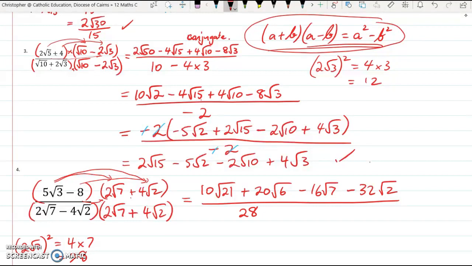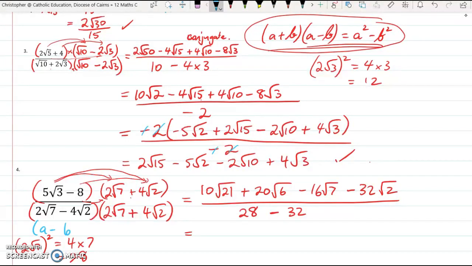And then it's going to be minus again, and we're going to have 4 times 4 is 16, and root 2 squared is 2, so 16 times 2. 16 times 2 is 32. Okay, so that's tidied up that little part. And remember, we're not using FOIL so much for this one. We notice this is a difference of 2 squares. This is an A, and I'll just do this in a different colour to show you.